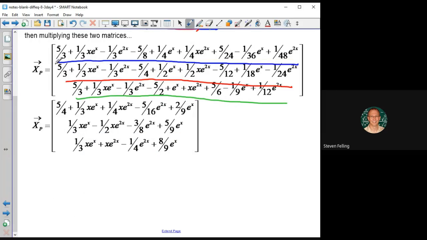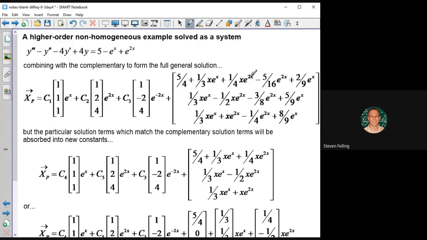So now that we have the particular solution, we can add that on to the complementary solution, which has the constants. But in some cases there are elements that have the same form in the particular solution and in here. For example, I have an e to the x term here, but there's an e to the x term here.